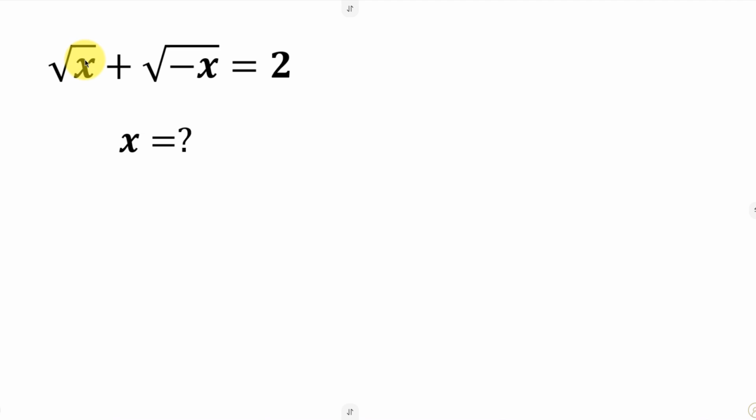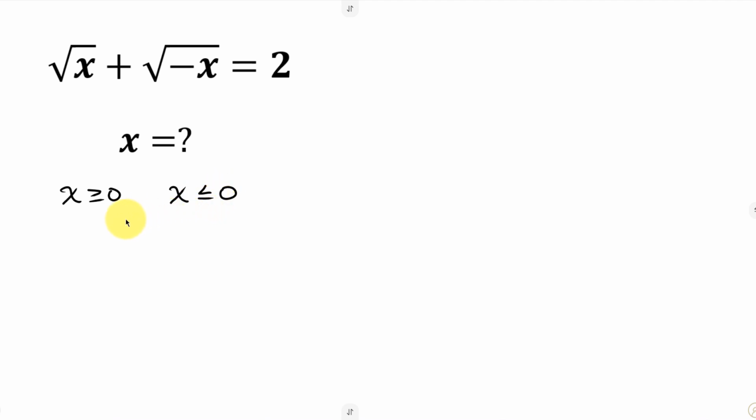You notice that this first term can only be a regular number when the value of x is either 0 or positive, while this second term can only be a regular number when the value of x is either 0 or negative.